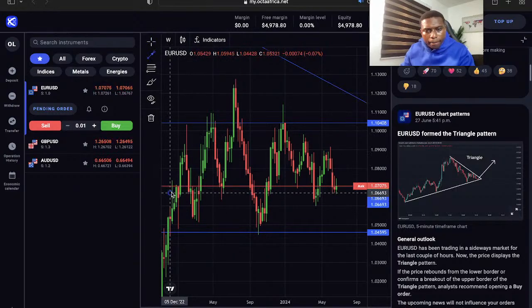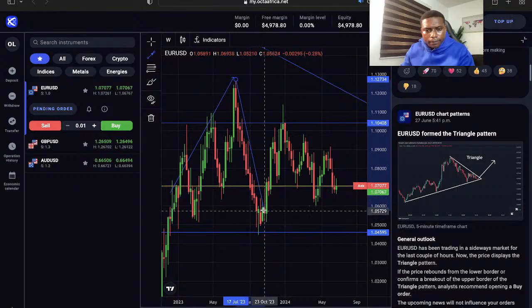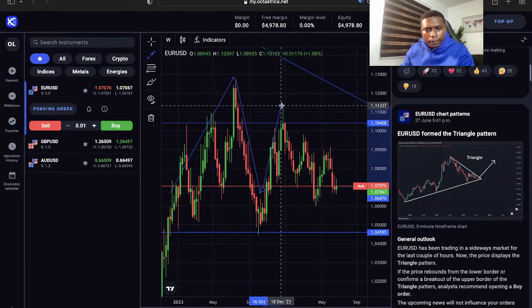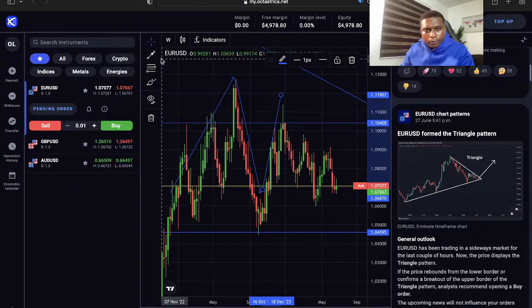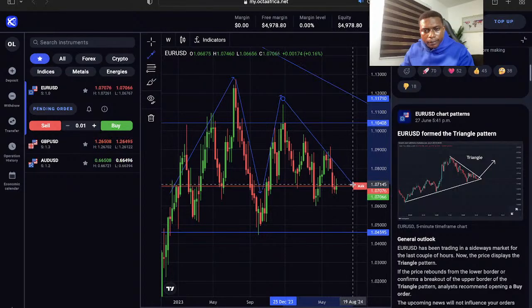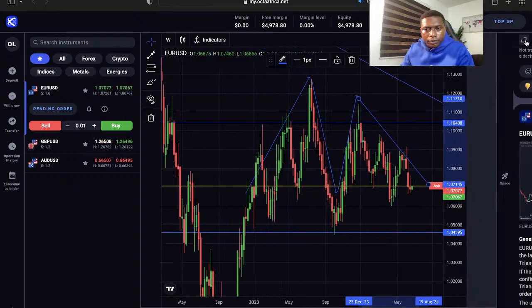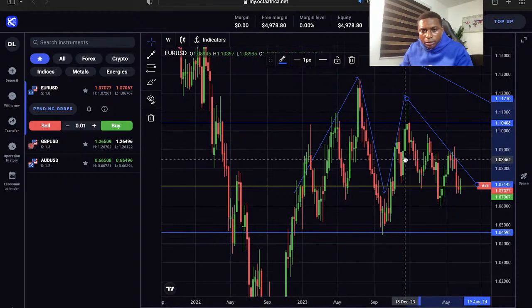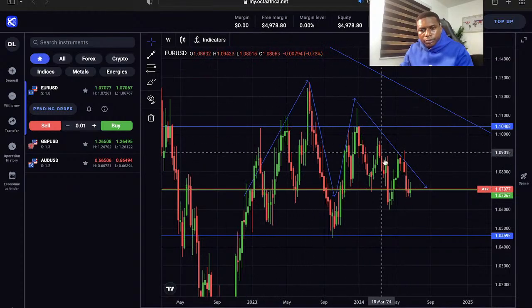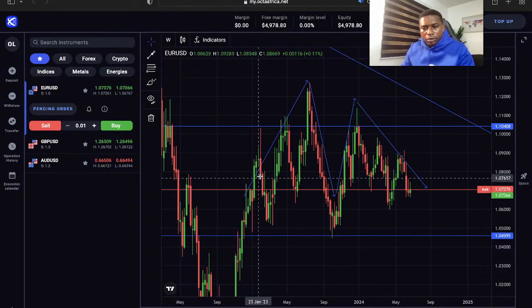Okay, good. So we can see here that we are having a double top on this level.